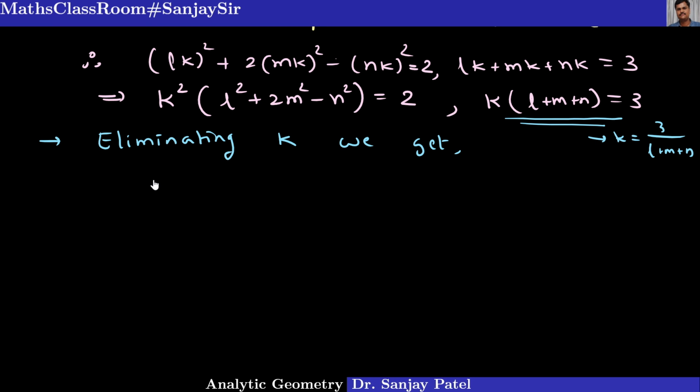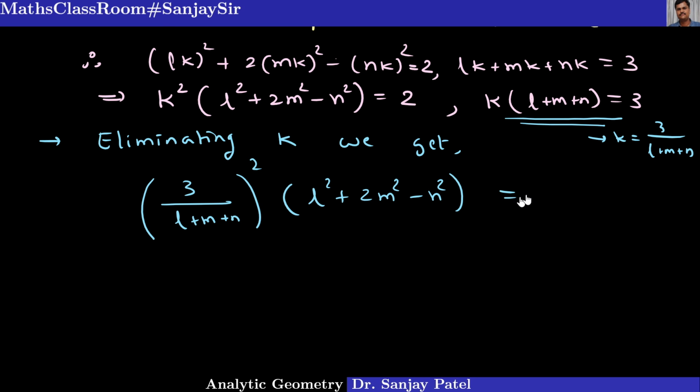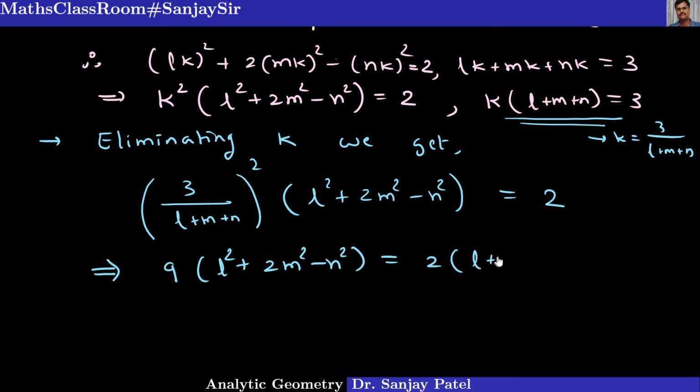So we get k square, that is (3 upon L plus M plus N) whole square, into (L square plus 2M square minus N square) is equal to 2. Let us simplify this. So we'll get 9 times (L square plus 2M square minus N square) is equal to 2 into (L plus M plus N) whole square. Let us call this equation number 2.